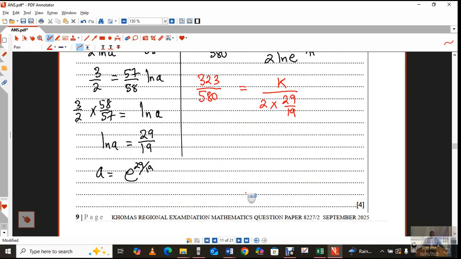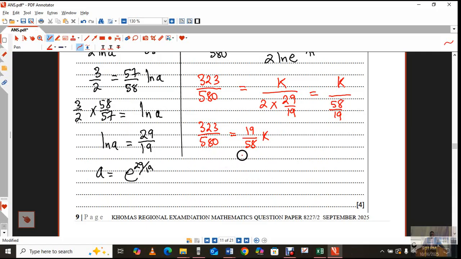Then if you were to calculate this value of k, I'm just going to write it here so I can have space. This is going to equal 2 times that, which is 58 over 19. This whole thing can be written as 323 over 580 equals 19 over 58 k, because if you have this, remember what I said, you multiply by 19, multiply by 19.